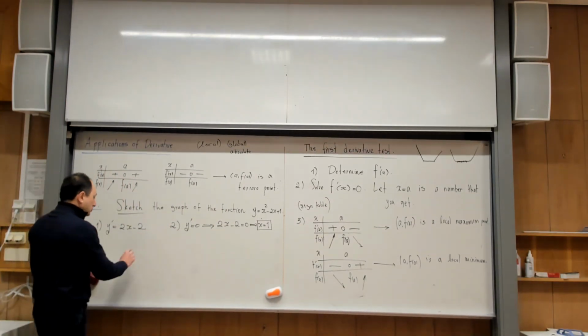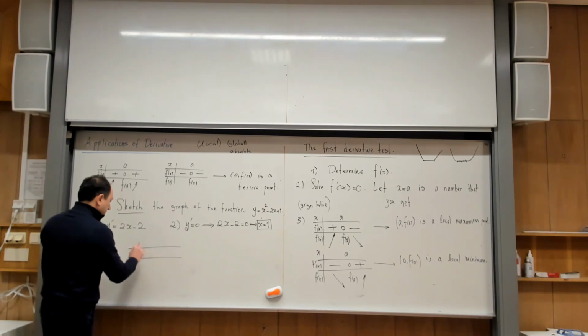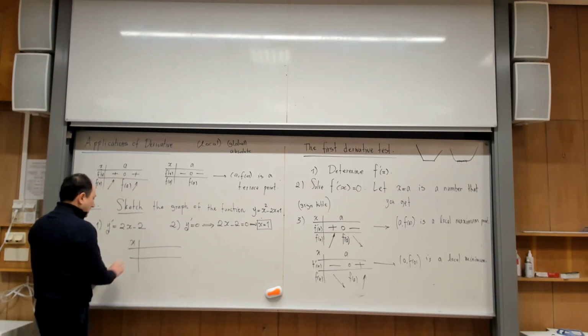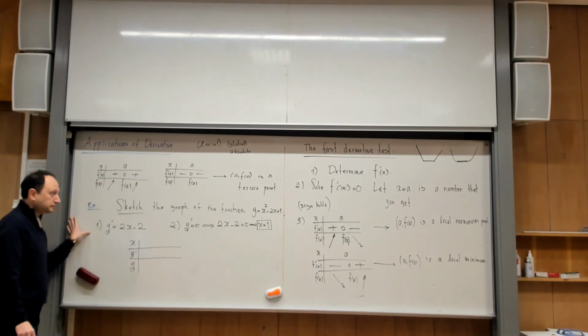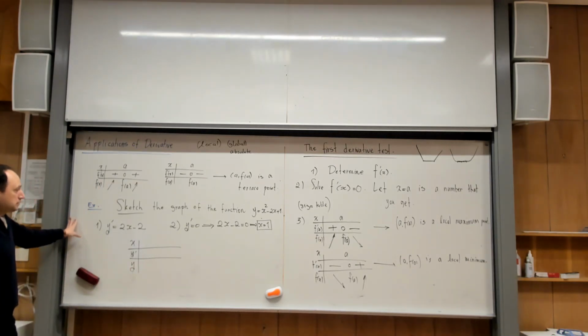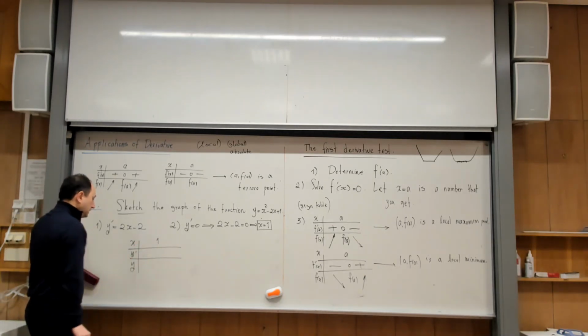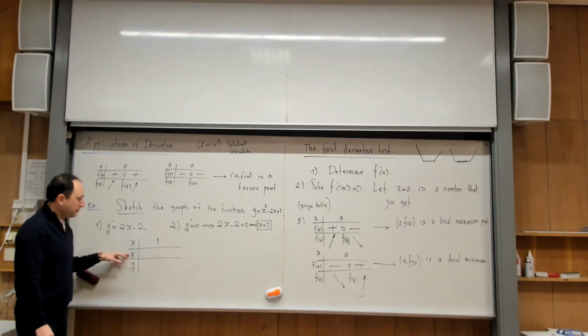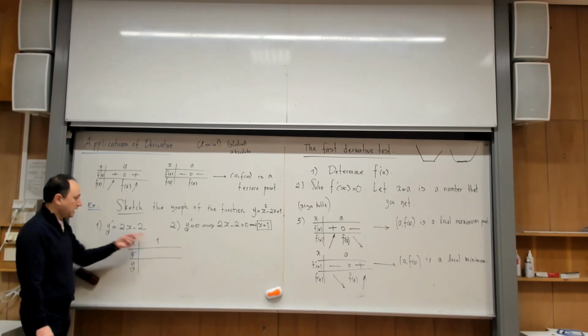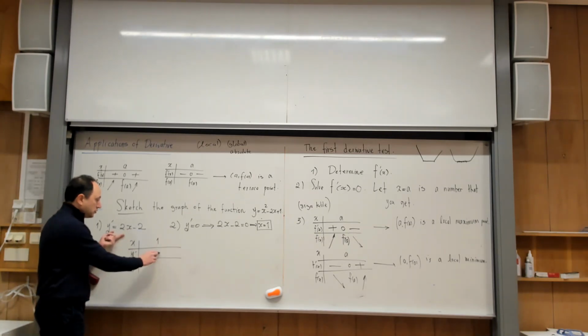So I draw a sign table. I put x, y prime and y here. The only number that I got is 1, so I put it here. If you put 1 in the derivative, you get 0, because you put the derivative equal to 0 and got 1.